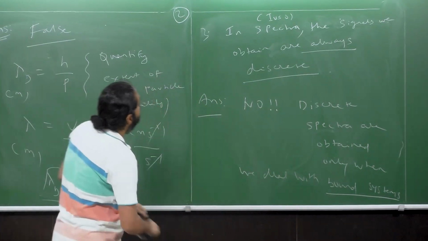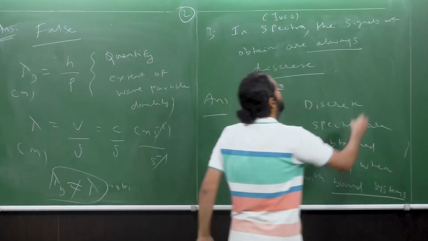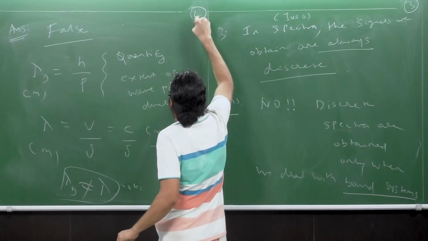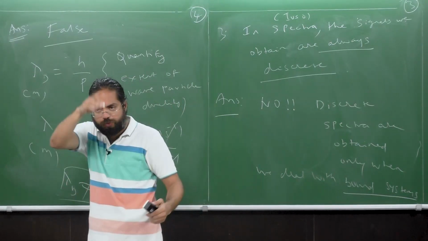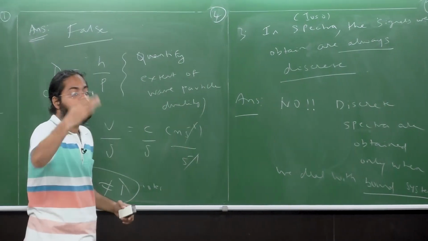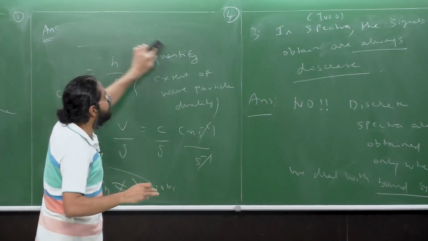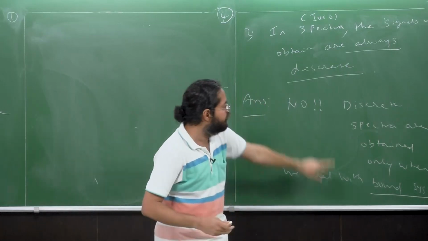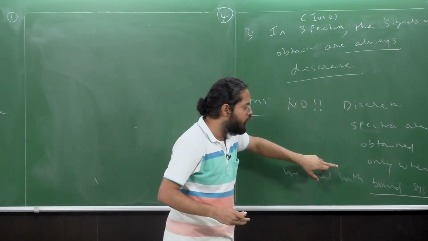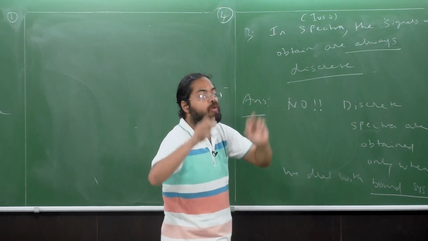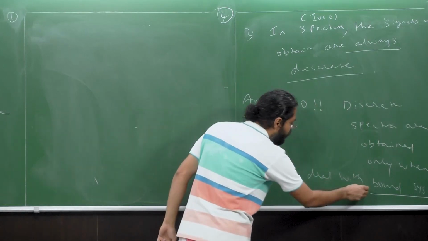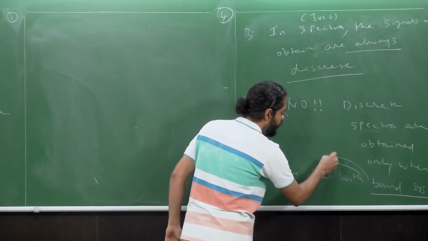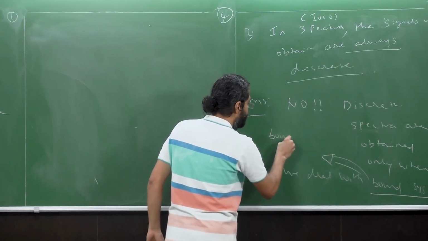For example, this is page number 3, and this is page number 4 now. I will illustrate it with the example of the potential energy surface we discussed a few lectures earlier. And why should discrete spectra be obtained for only bound systems? Because it's only with bound systems that we have a boundary condition.